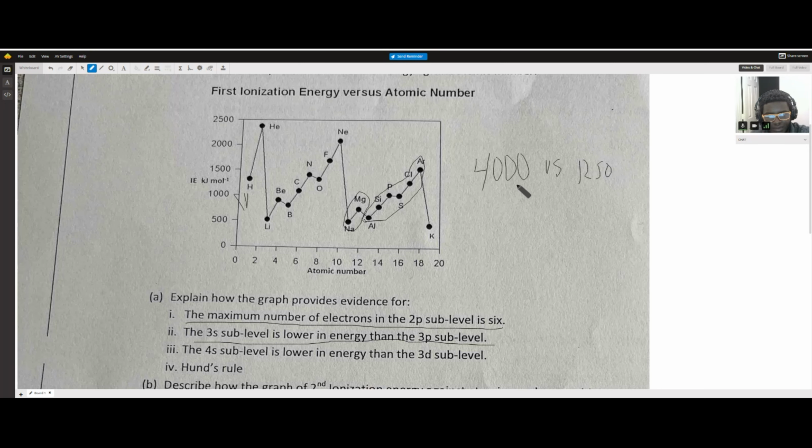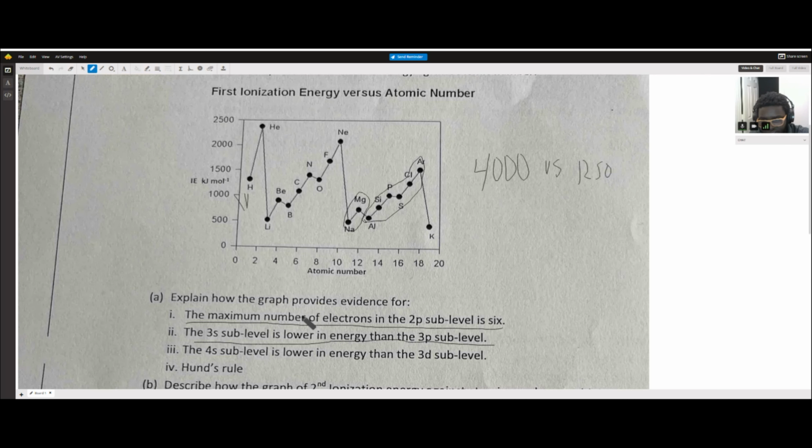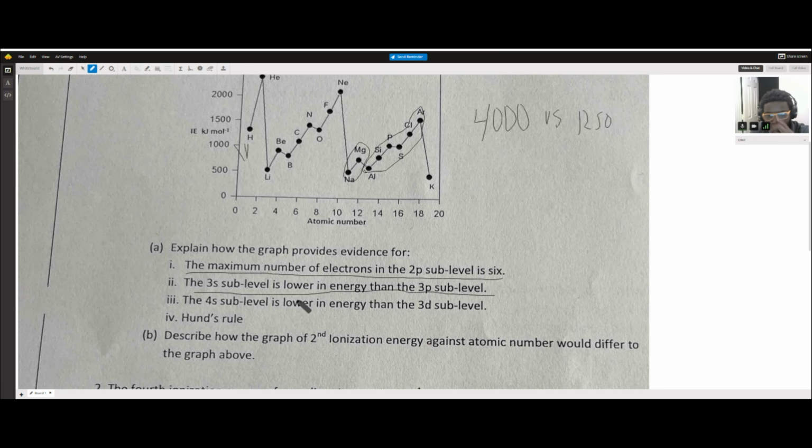Very low. This is a significantly higher energy level in comparison to the 3s sublevel, to what I was saying about energy subshells and sublevels.